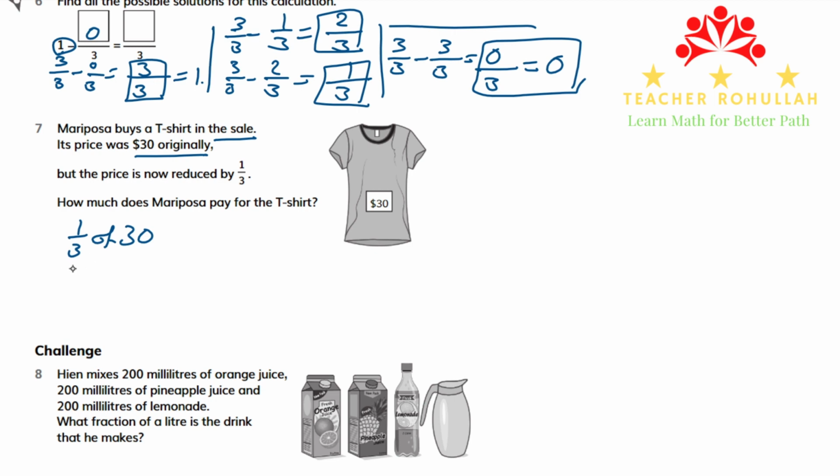We can do so by cancellation. So 1 times 3 is 3, and 10 times 3 is 30. 1/3 of 30 is equal to $10. Because the original price is $30, if we subtract $10 from it, the amount that she has to pay is $20.